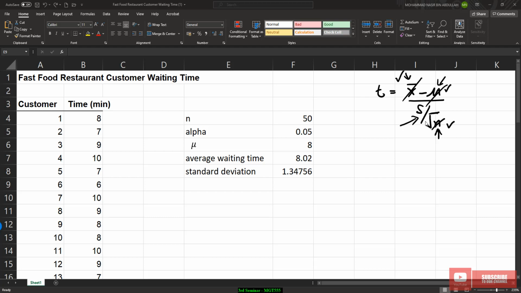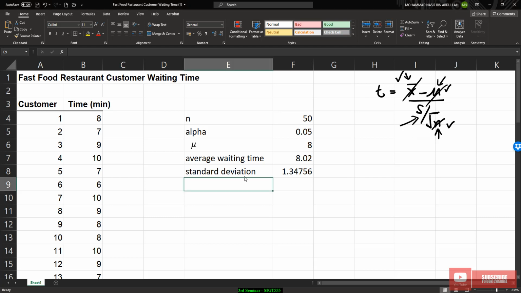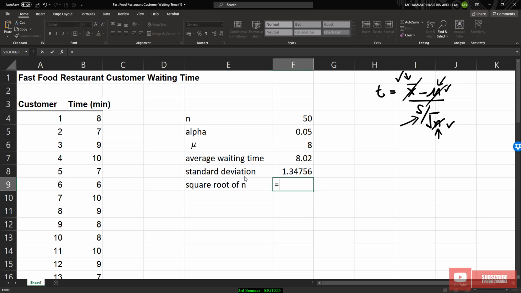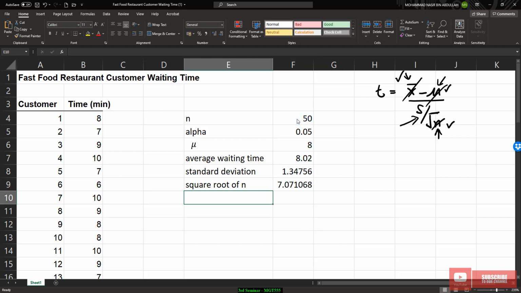If we look here, there is the square root of n. We have n, but we need to calculate the square root of n. So we put SQRT of n, here n is 50. Select. So we got 7.071, right?